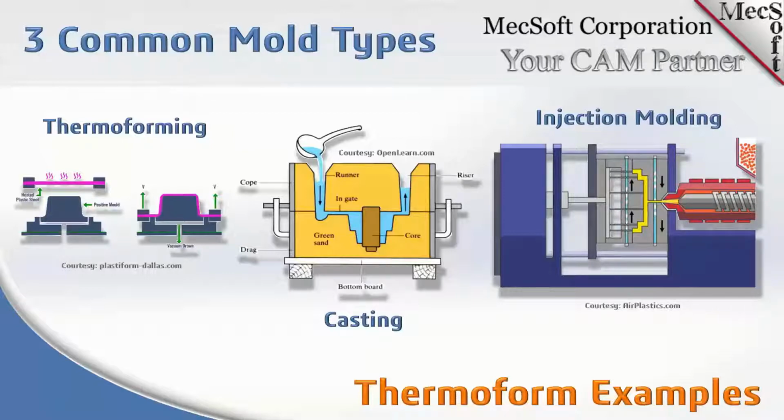And on the right, obviously, and we're going to be spending most of our time on plastic injection molding. Just as an overview, in plastic injection molding you're using cores and cavities and injecting various plastics, ABS, polypropylene, many different types of plastics under very high pressure into these cavities.